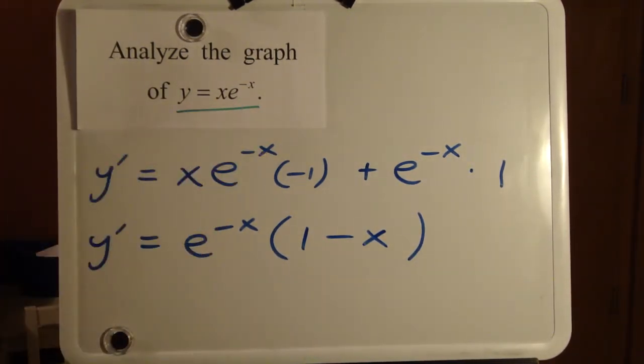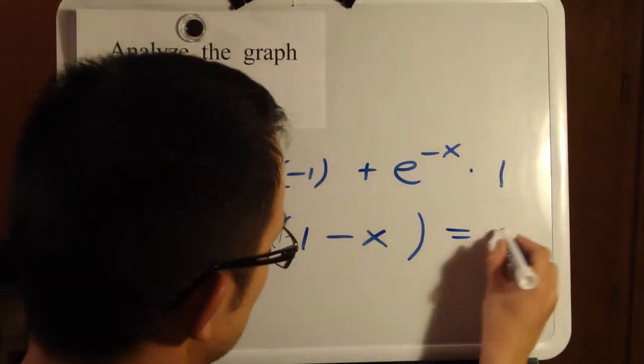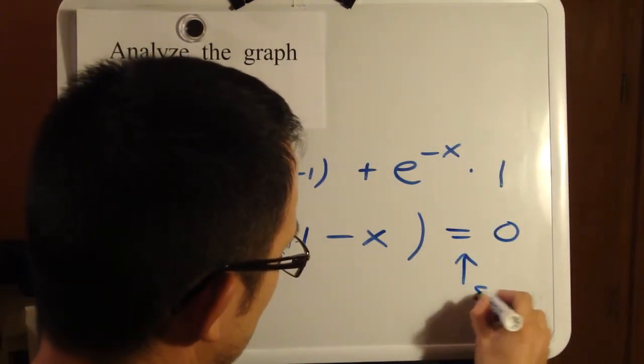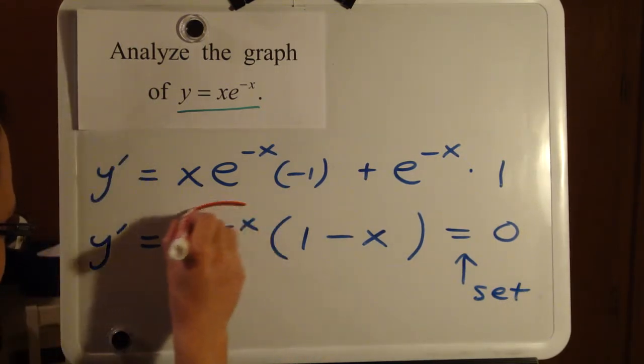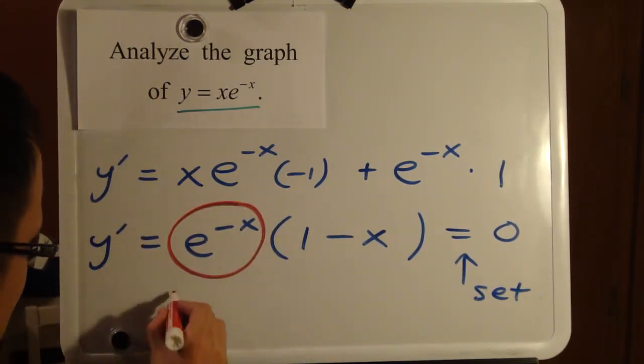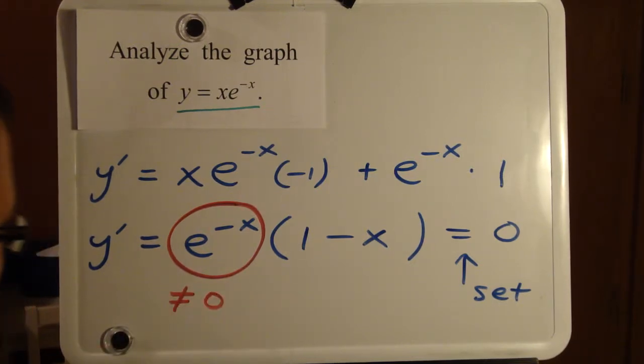So assuming this function is smooth, we're going to set this to 0. And what we're going to do is pull out the critical numbers, and then that way we can find possible mins and maxes. So an old fact from algebra: something exponential like this is never going to equal 0, but it gets asymptotically close to 0.